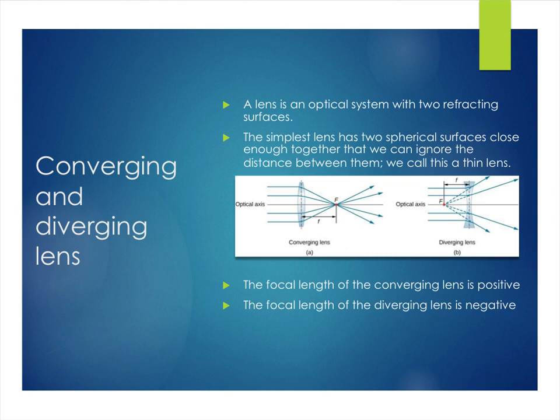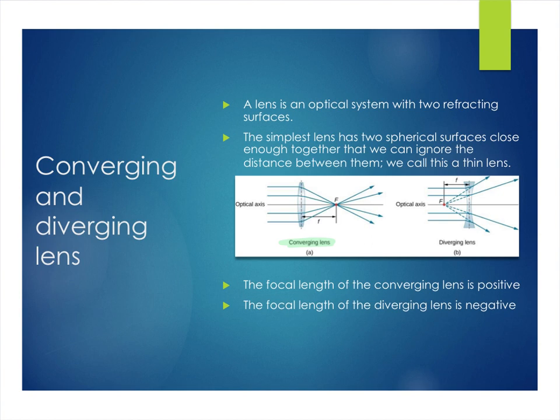So in this picture, on the left-hand side is a converging lens. Here's my converging lens. Just as I did with mirrors, in order to find the focal point and the focal length, I imagine light rays are coming in from very far away, so all the light rays are parallel.